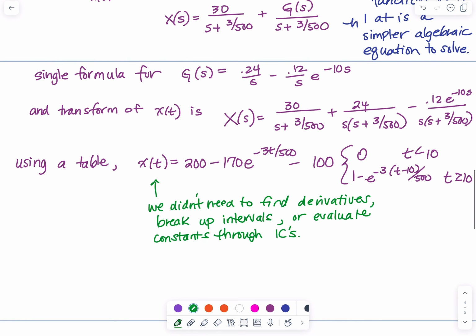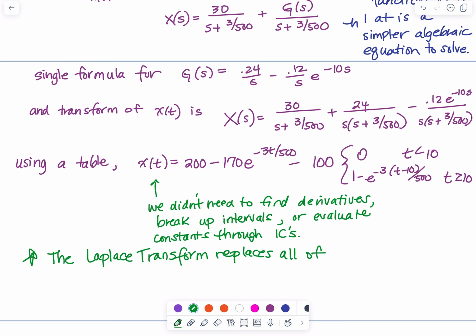So the Laplace transform replaces all of these operations by using basic algebra.